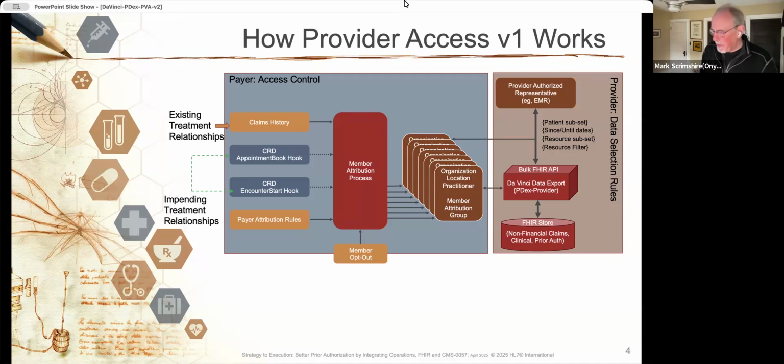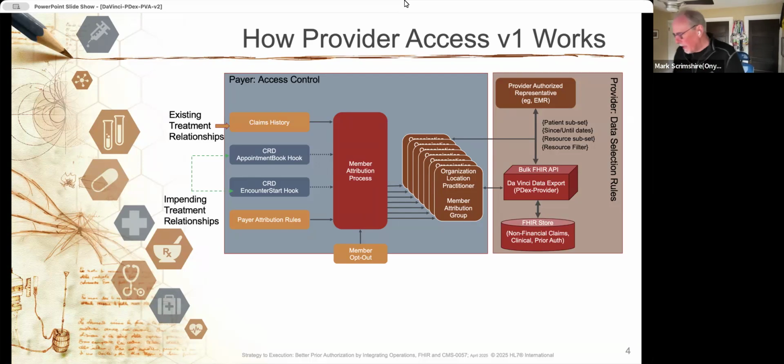You can even, think of it as, say what FHIR search criteria you want to apply against those resources. So you can, if you want, be very specific about the data you're retrieving. So that was done so that providers weren't being forced to take a fire hose of data from the payer, because there are obviously potential liability issues there.